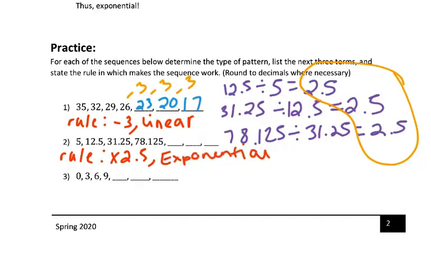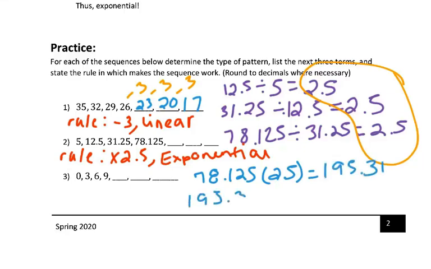So if we find the next three terms in our sequence, we are going to do 78.125 times 2.5, and that's going to equal 195.31. And then we're going to take that number, 195.31, we're going to multiply by 2.5, and that's going to give us 488.28.